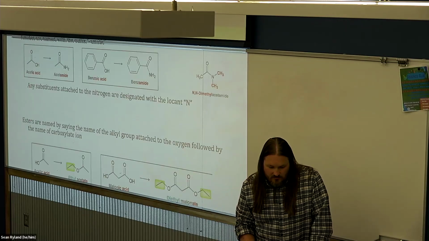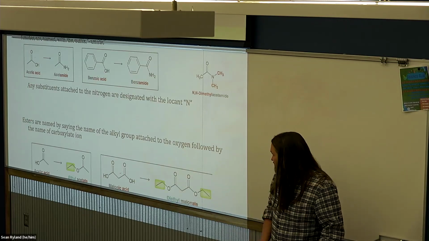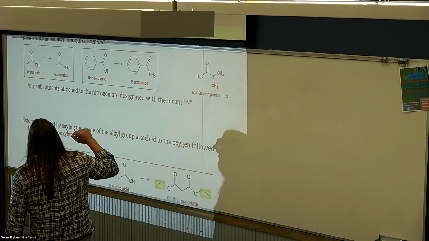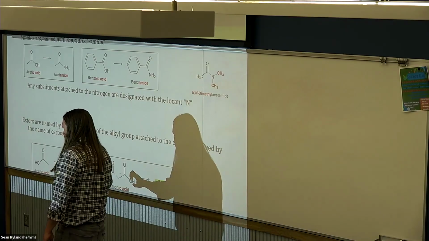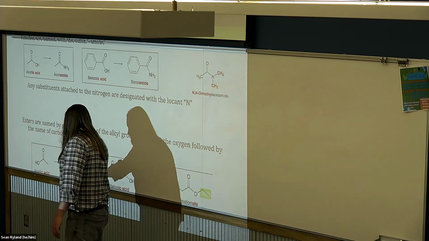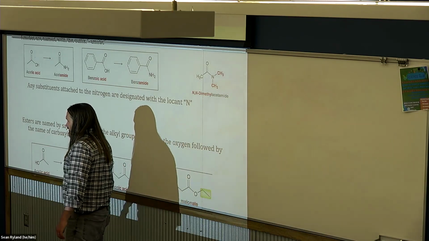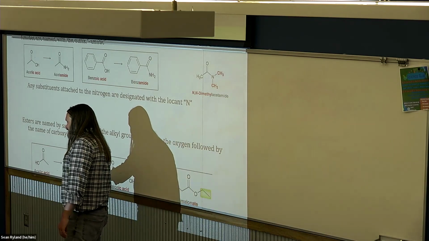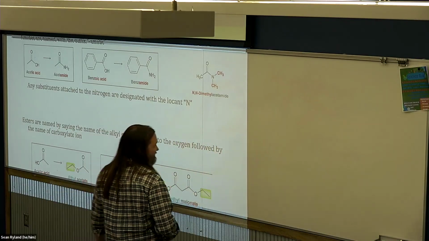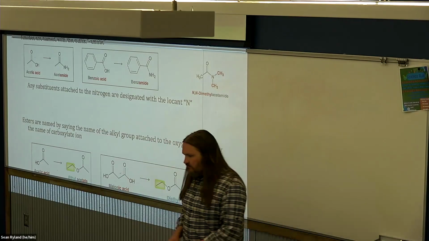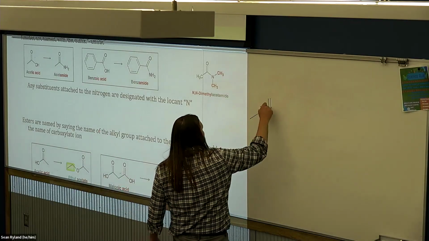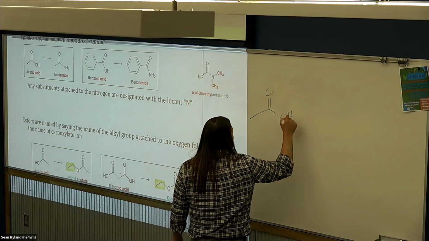All right. Esters, the tricky ones. So you name it like it's the acid, and then you say what's on the other side of the acid. But it's not an acid anymore, it's the carboxylate version. So acetic acid would look like this.